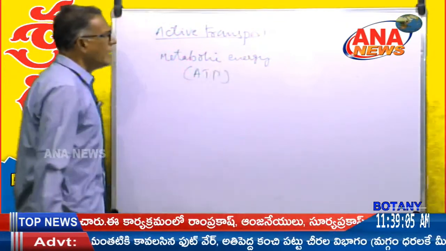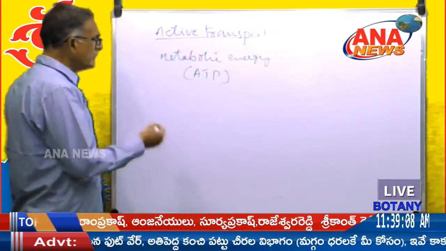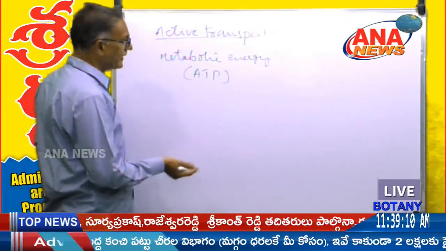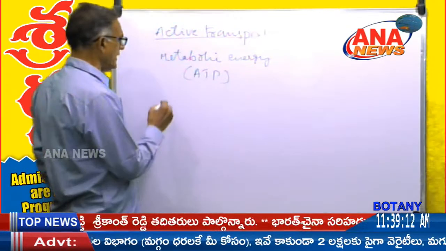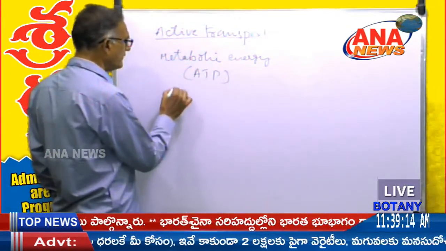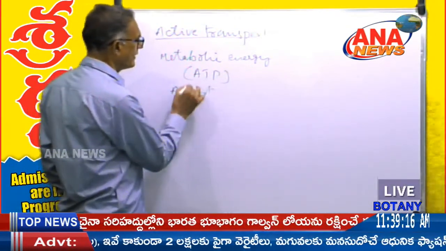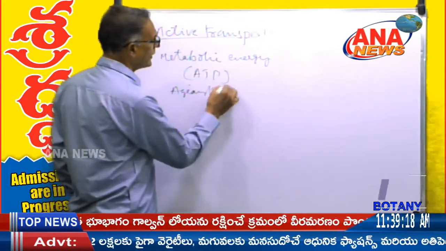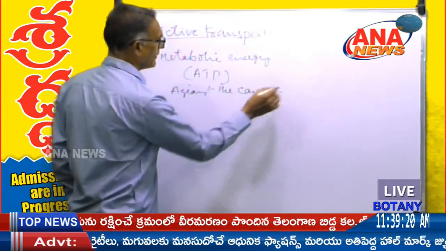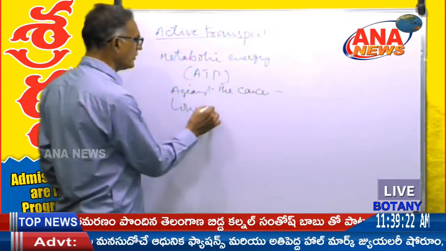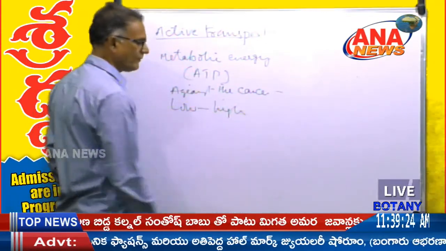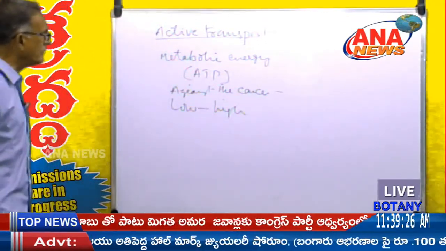Then it is called active transport. Here the active transport takes place against the concentration gradient, that is, from low concentration to high concentration.